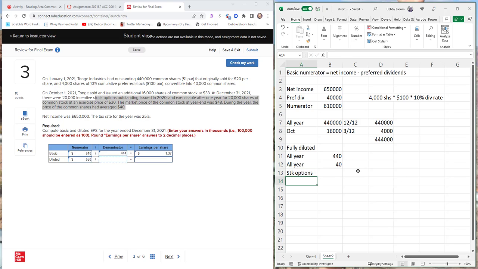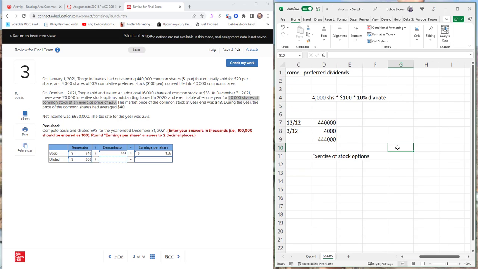So let's take a look at our stock options. In the stock options, we use an if-converted basis. If those stock options were converted, 20,000 shares at an exercise price of $30 would mean $600,000 come in. So if we exercise those stock options, we have money and we have shares coming in.